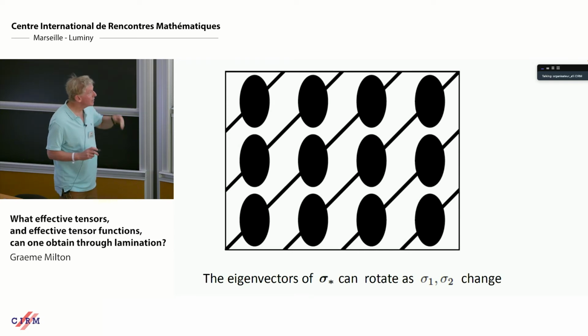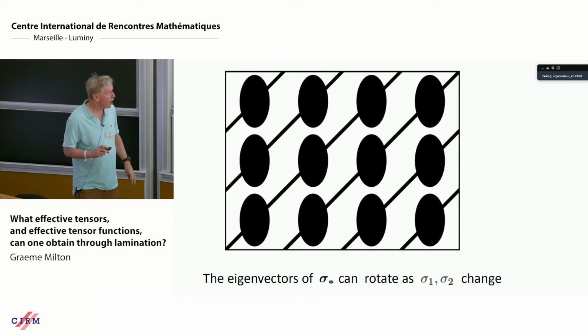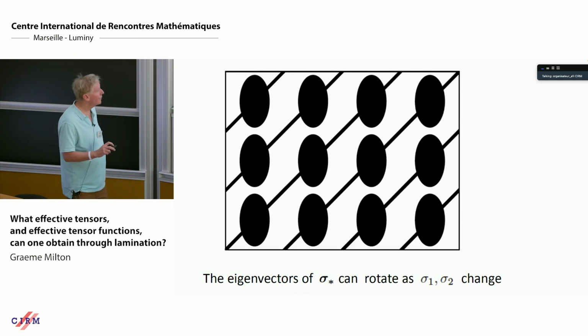But if we consider other sorts of geometry, it's clear that the eigenvectors of the effective conductivity can rotate as far as the sigma 1 and sigma 2 plane. If I have a low contrast between my 2 materials here, things are going to be dominated by these ellipsoids, and so the eigenvectors of the conductivity tensor will be in those directions.